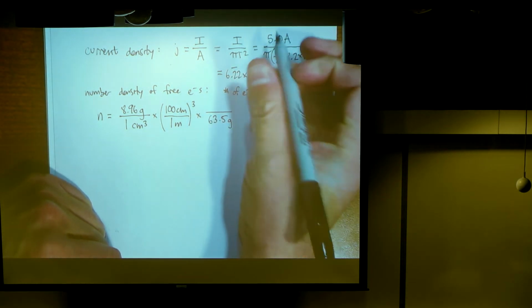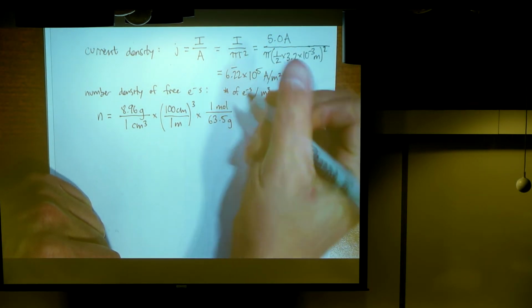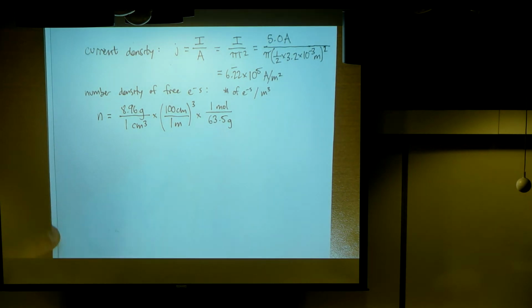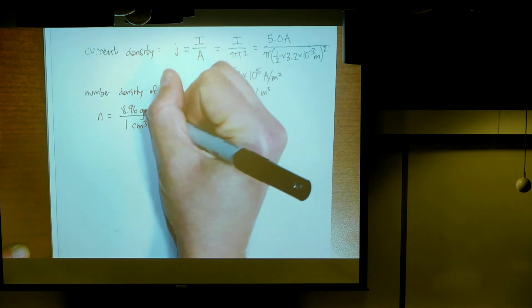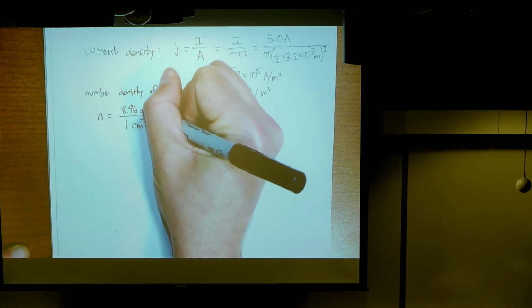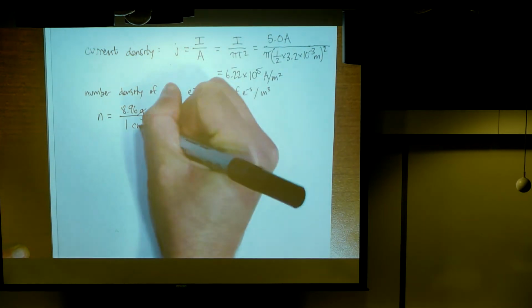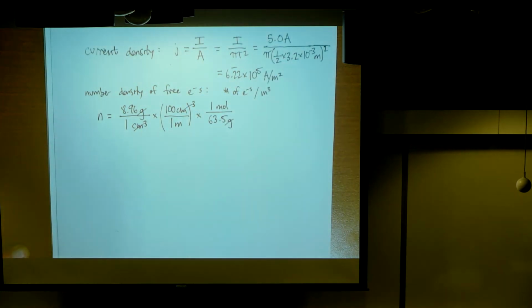And that's going to have 1 mole on top. So I'm just applying the molar mass right there. Okay? And let's take note of where we've canceled units. We've got grams canceling, centimeters cubed canceling like this.